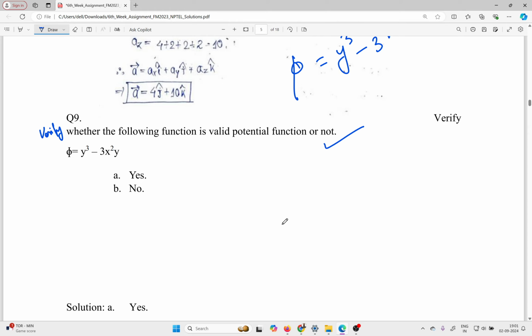Let me write: del square phi by del x square plus del square phi by del y square is equal to 0.